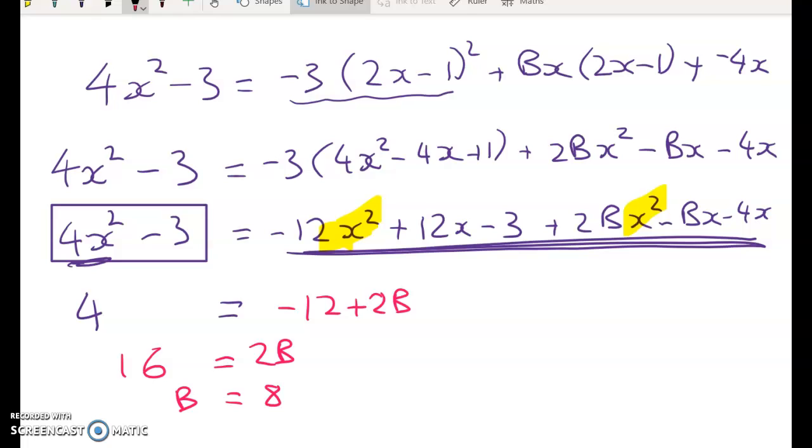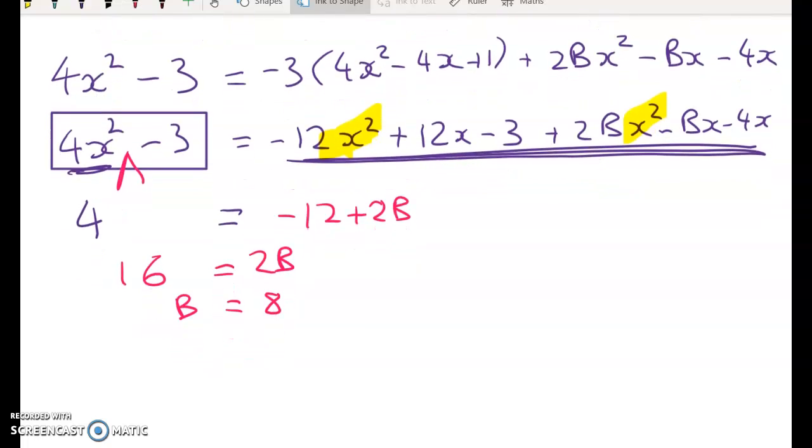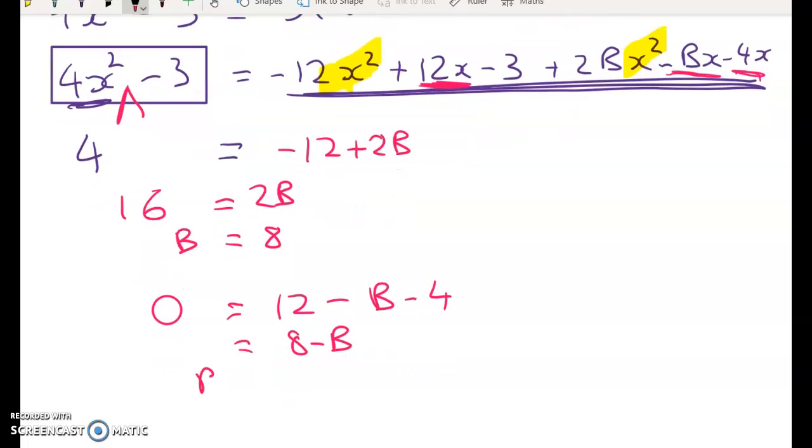We could have chosen to match on the 0x squared here. If we do that, we have 0 is equal to, well, this is an x term, and this is an x term, and this is an x term. So we get 0 is equal to 12 minus B minus 4, which is 8 minus B. So again, we get B equals 8.